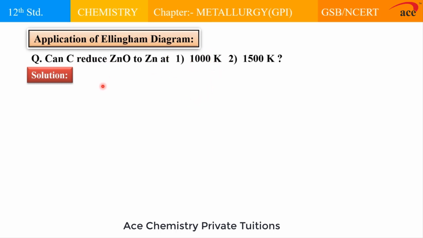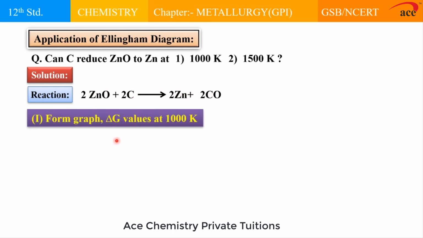Generally, if carbon, that is powdered coke, is mixed with the oxide of zinc, then the reaction takes place like this. The zinc oxide is reduced and converted to zinc, and carbon monoxide is formed. So we have to check the value of formation of ZnO as well as formation of CO from C at 1000 Kelvin in the graph.